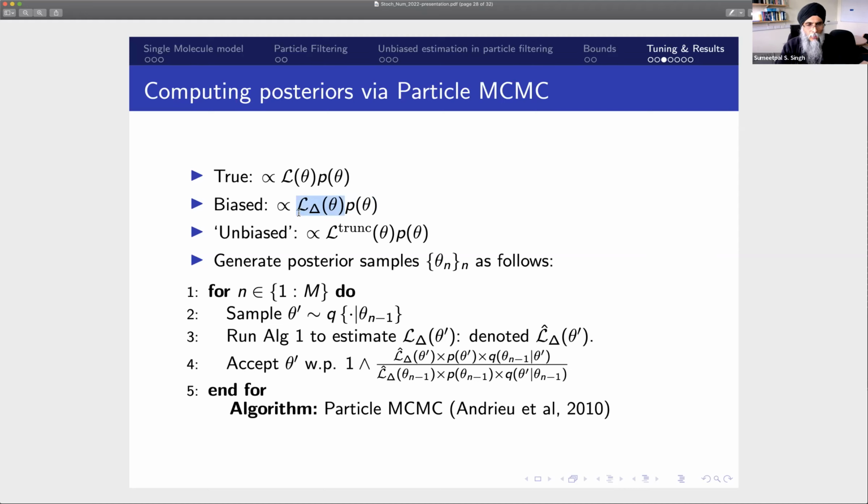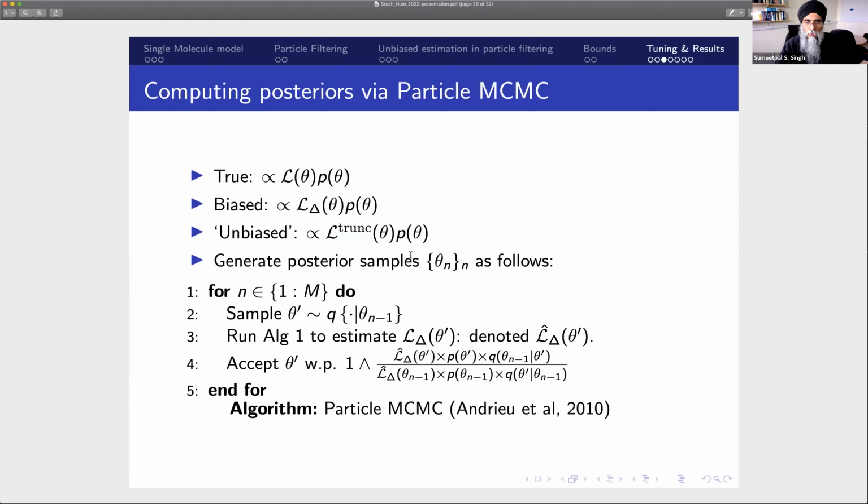And our method is almost unbiased. That's why we say "unbiased" in quotes, just to say that it's a misnomer really. Our posterior is proportional to the truncated Poisson estimate likelihood with the prior.